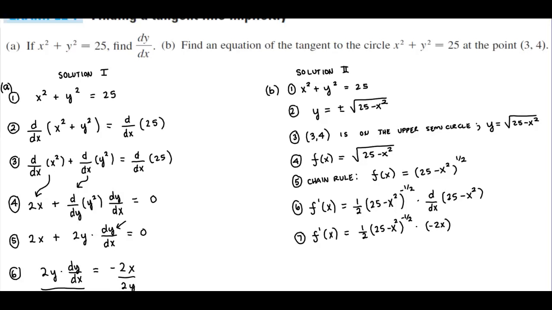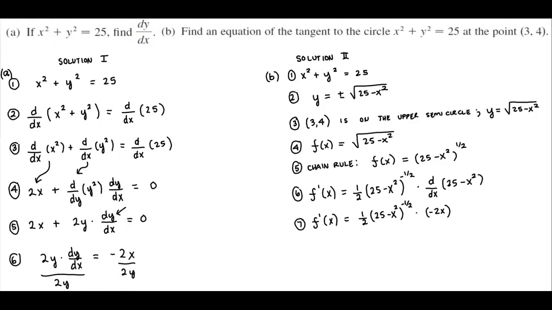Now let's go ahead and rewrite this derivative. In the numerator, we have negative 2x. In the denominator, we have 2 times 25 minus x squared to the positive 1/2.